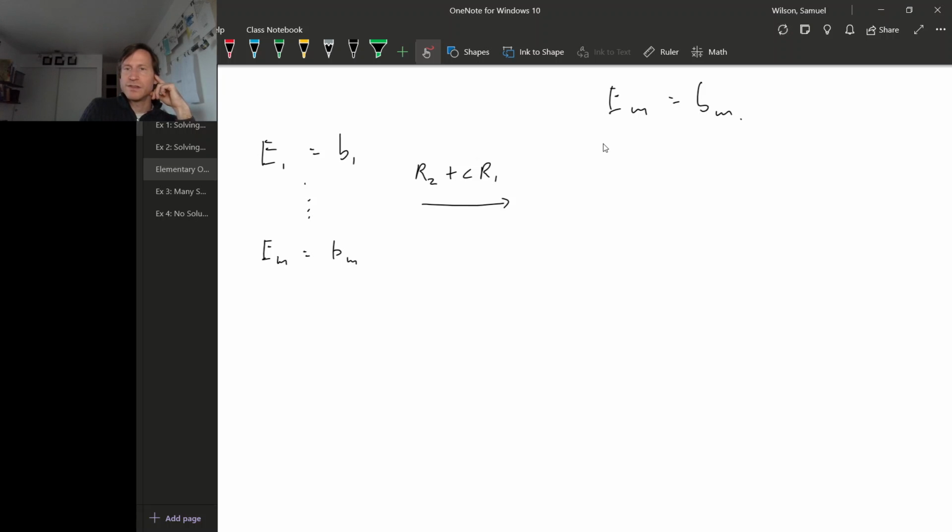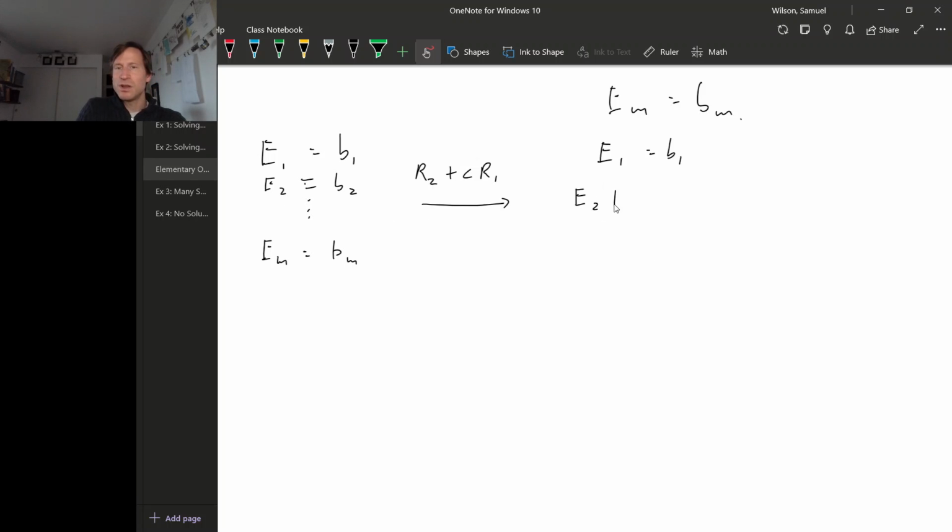So this would give us the system e1 equals b1. And then for the second equation, we're going to get e2, because that's what we start with in the second equation. The second equation is e2 equals b2.